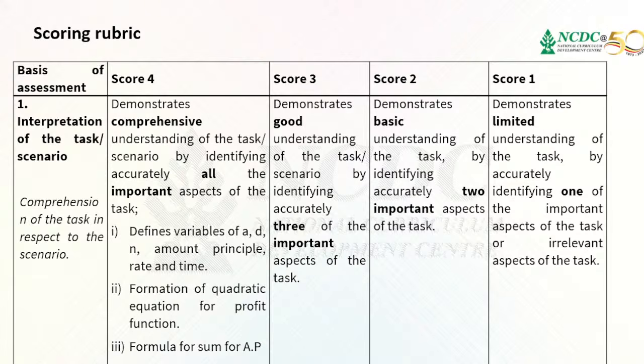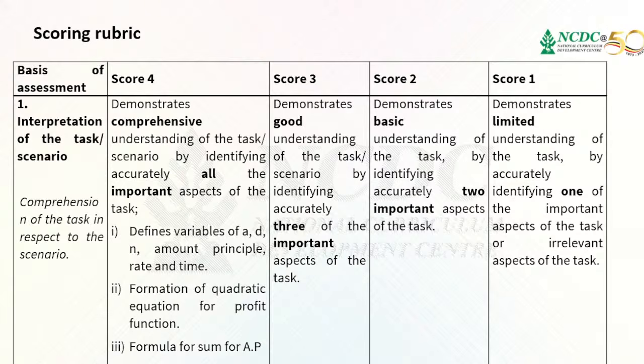Level 2, where the learner is supposed to score 2, the learner will demonstrate basic understanding of the task by identifying accurately 2 important aspects of the task. And the one at the bottom, who will score 1, will demonstrate limited understanding of the task by accurately identifying one of the important aspects of the task, or irrelevant aspects of the task.